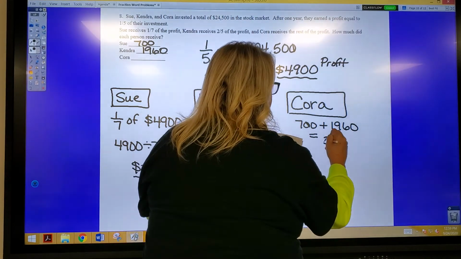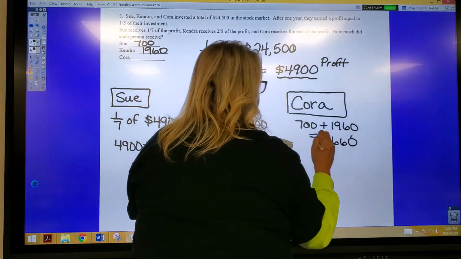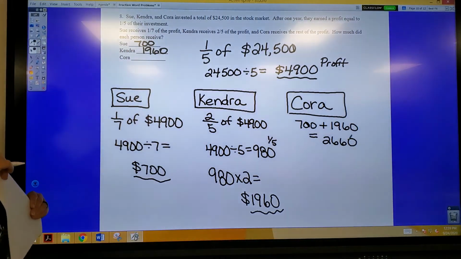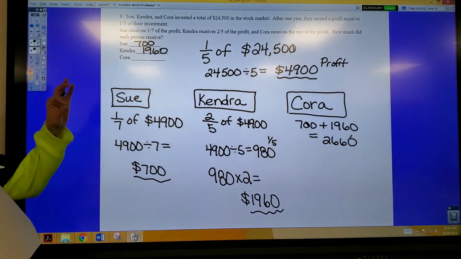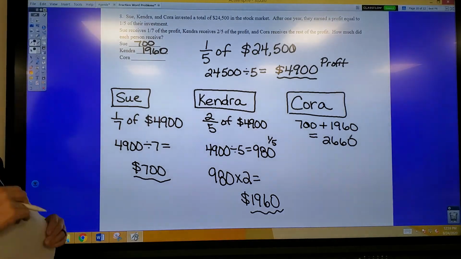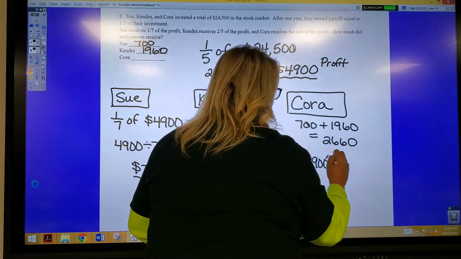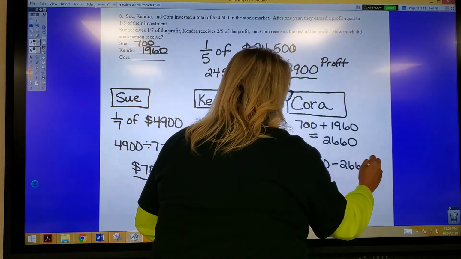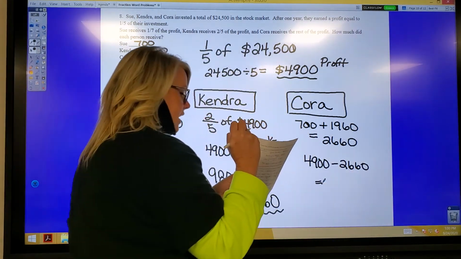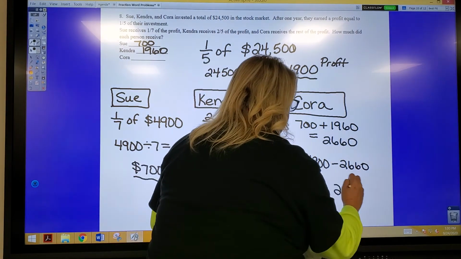That's 2,660, I believe, that they had together. So I need to subtract that from the 4,900 to figure out how much is left. And you should have gotten $2,240.